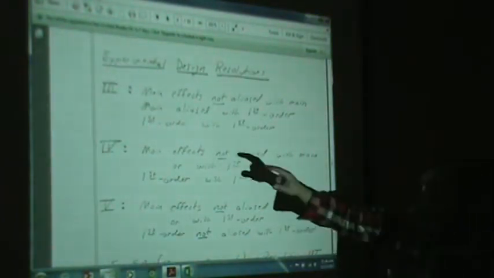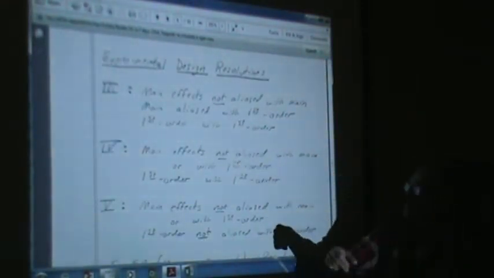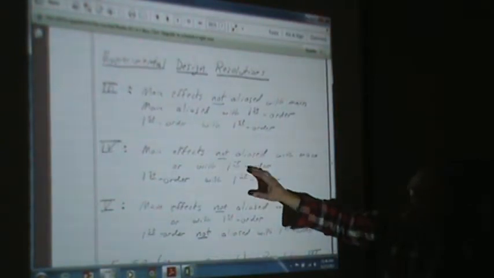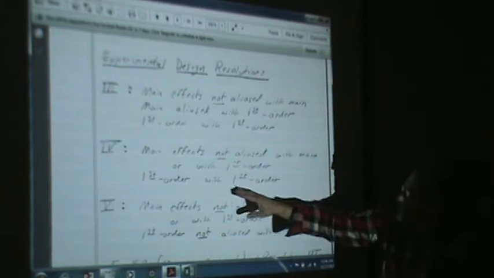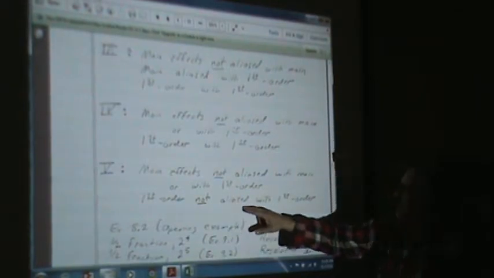So resolution 3 is, let's see, main effects are not aliased with other main effects, but main effects are aliased with first order, and first order with first order, like that first example we had.